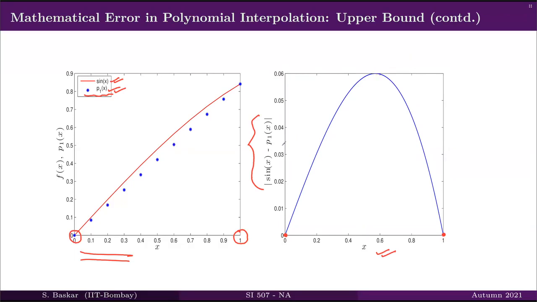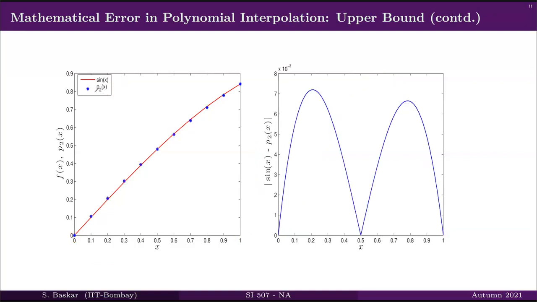Now let me increase the nodes and see how the higher degree polynomials approximate sin x. I have taken the quadratic polynomial interpolation for sin x, and again I am representing this quadratic polynomial by blue stars. You can see that it is agreeing with sin x much better than the linear polynomial. Look at the error plot and see what nodes I have chosen for generating P2.